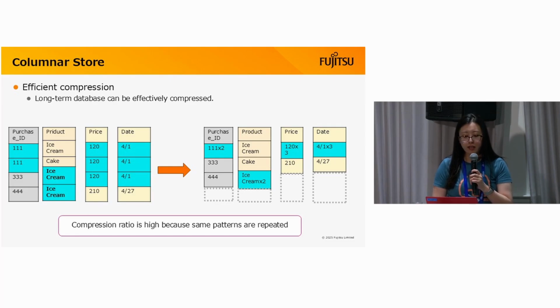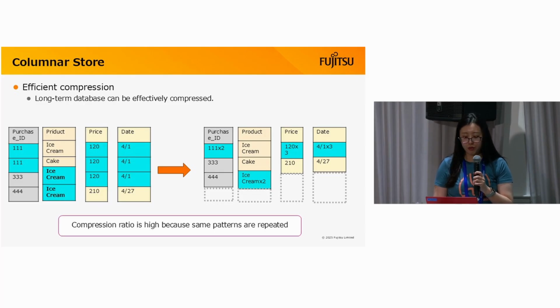One of the characteristics of the columnar store is its efficient compression of stored data. Using the database for a long time increases the amount of data stored. In a columnar store, compression is performed per column.